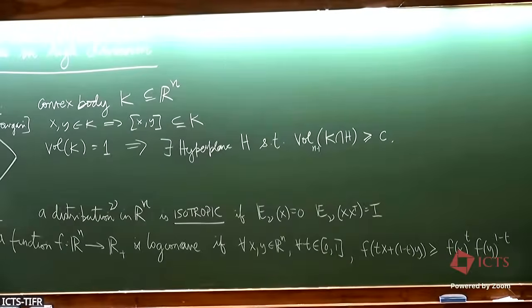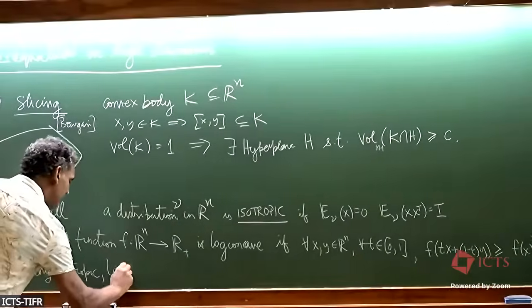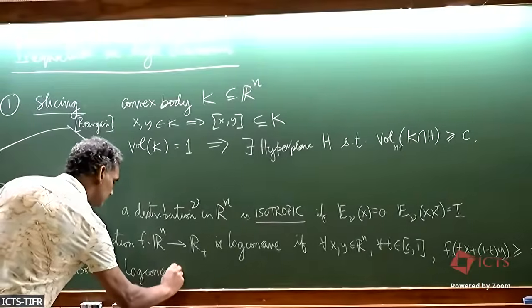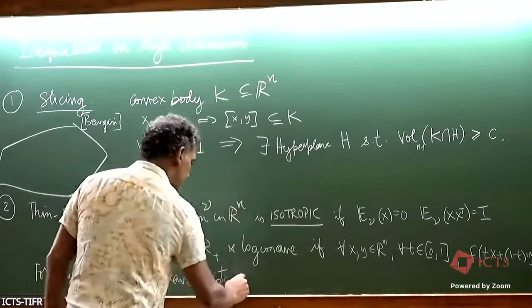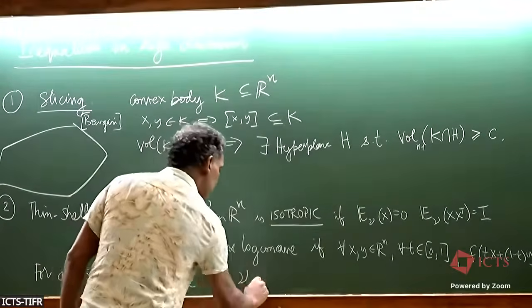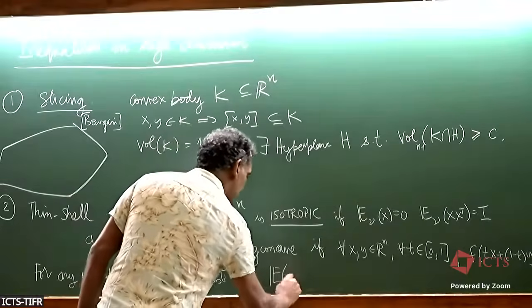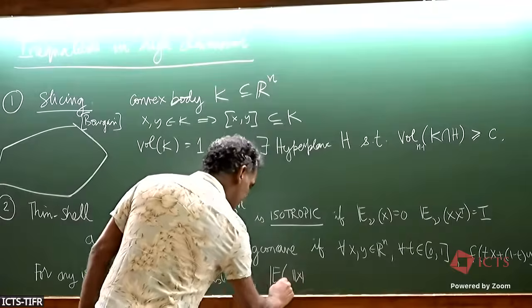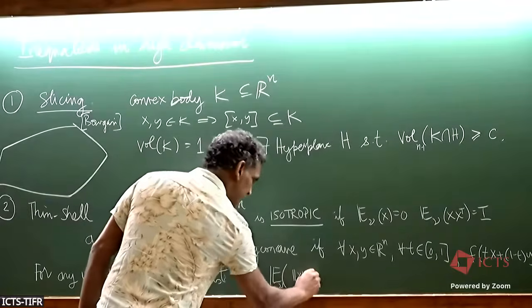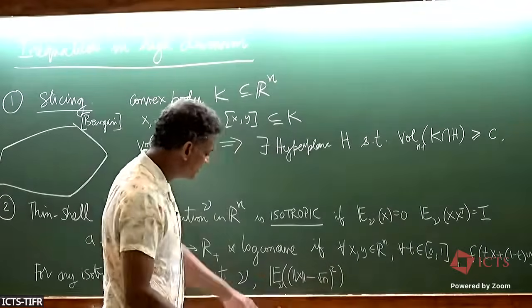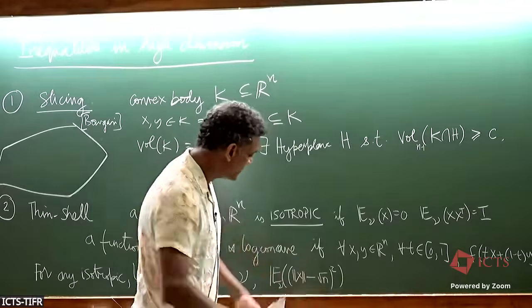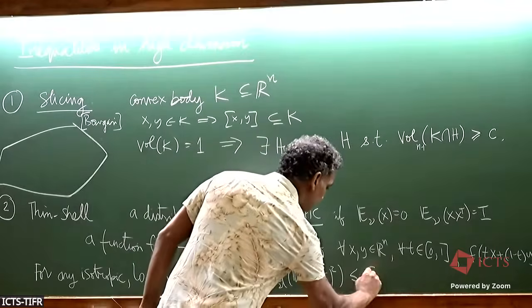For any isotropic log-concave distribution nu, the expectation of the length of a random point: from nu, you draw a random point x, you look at its length, compare it with the square root of n, and look at the square. So the variance, or the square deviation of |x| from root n, is bounded by a universal constant.